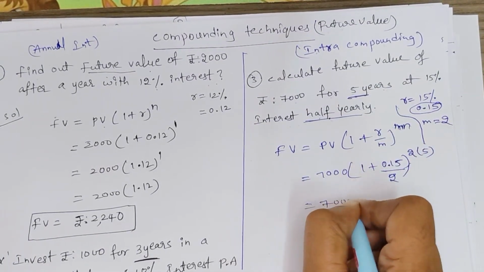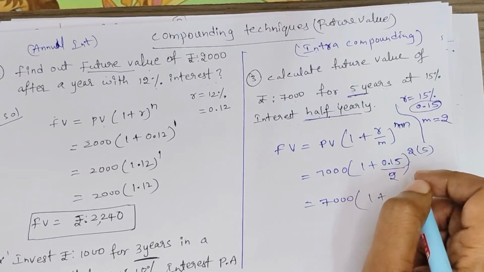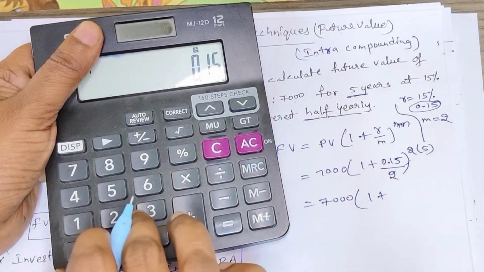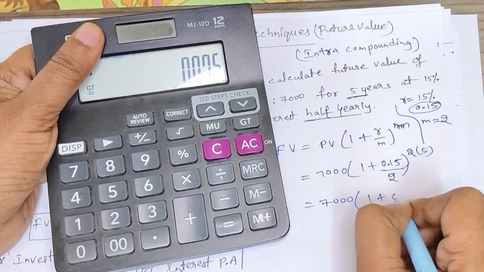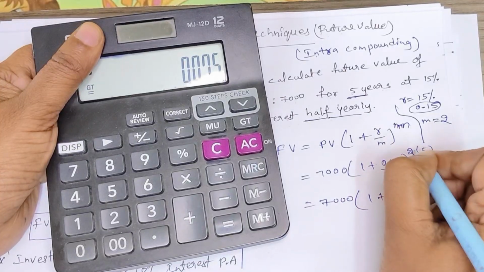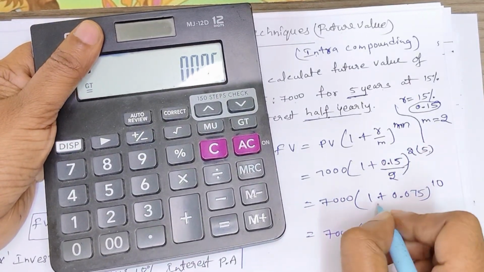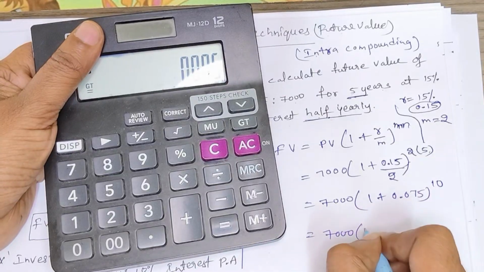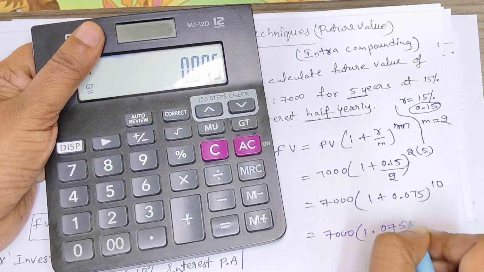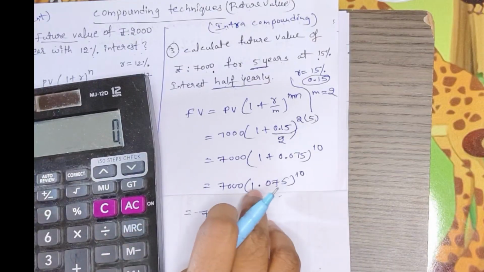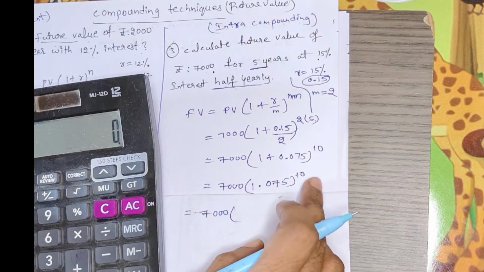So 7,000 into 1 plus 0.15 divided by 2, that is 0.075. And 2 into 5 is 10. So 7,000 into 1 plus 0.075, which is 1.075, to the power of 10. Here 1.075 is multiplied 10 times.